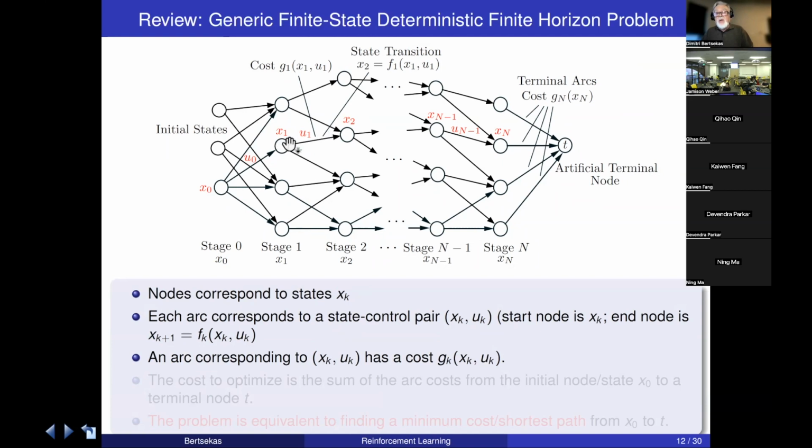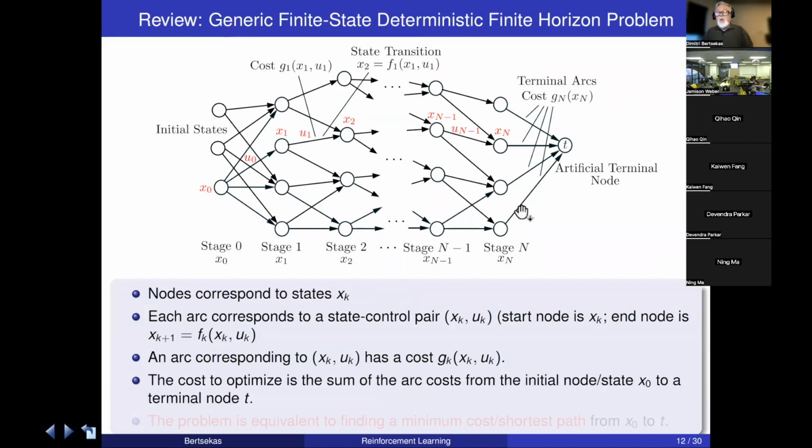So the transition for every pair of states has cost given by gk of xk, uk. So the overall cost of a trajectory corresponding to a sequence of controls is the length of the path, with the length of each arc being the cost of the arc.